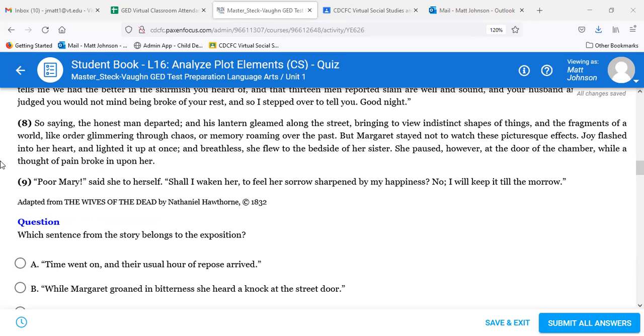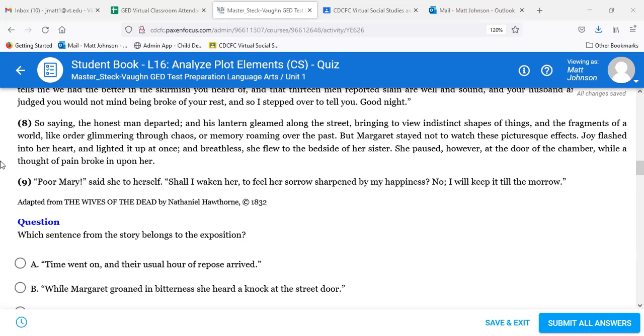What is it? Picturesque. Picturesque effects. Joy flashed into her heart and lightened it up at once. And breathless, she flew to the bedside of her sister. She paused, however, at the door of the chamber while a thought of pain broke in upon her. And then I'll finish off here.